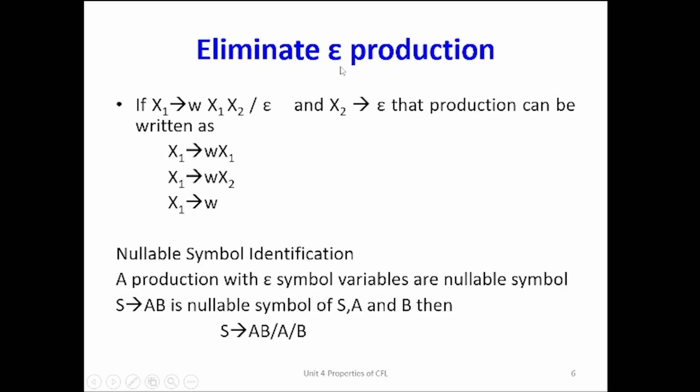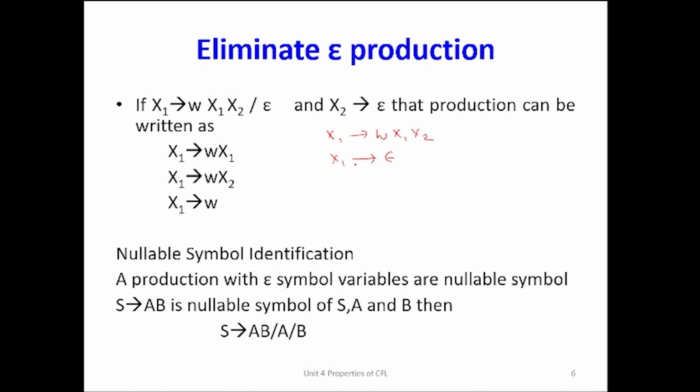The first notation is elimination of epsilon production. For example, there are productions in a given CFG. X1 contains 2 productions: X1 implies W X1 X2, and X1 implies epsilon.